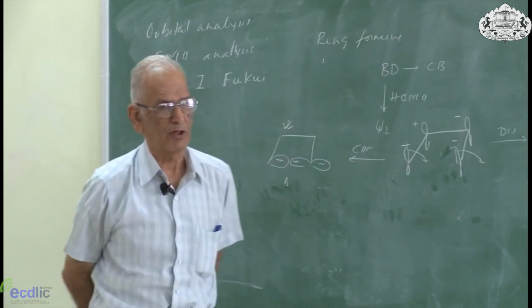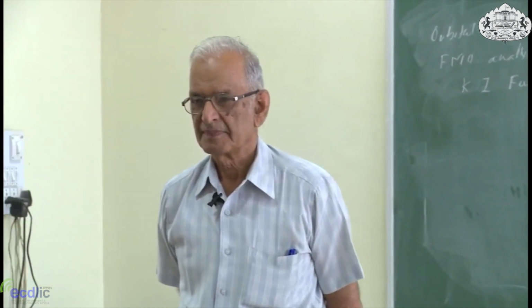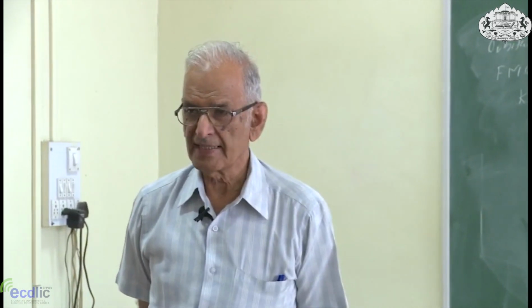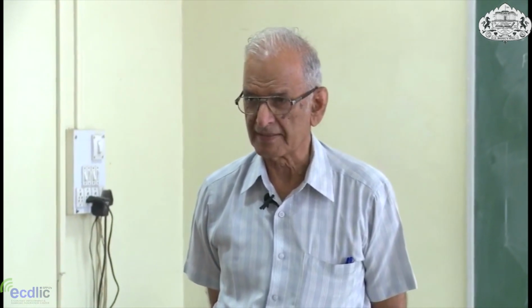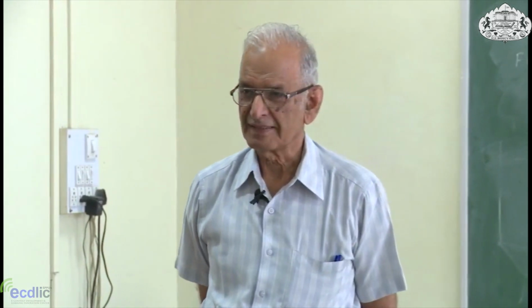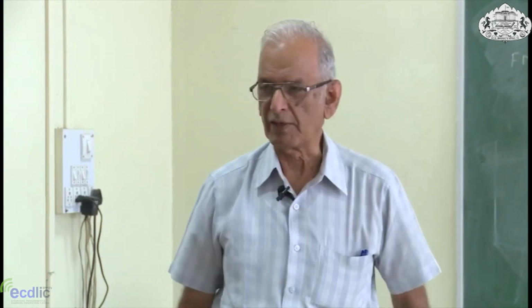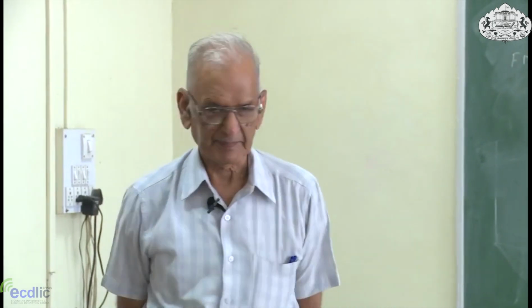Therefore, conrotatory is the allowed process. In the orbital analysis, we required about 35 minutes. Here, in 1 minute, we have the answer. Look at the HOMO, see what happens. Very simple. Okay.